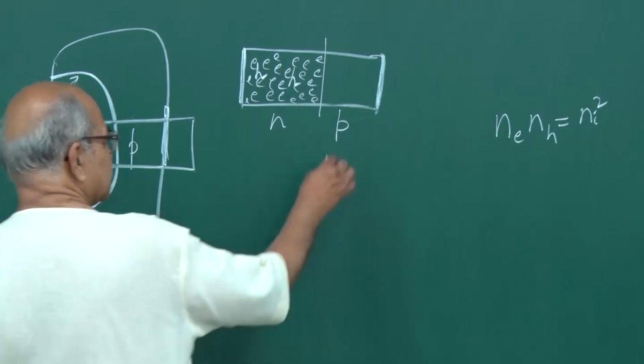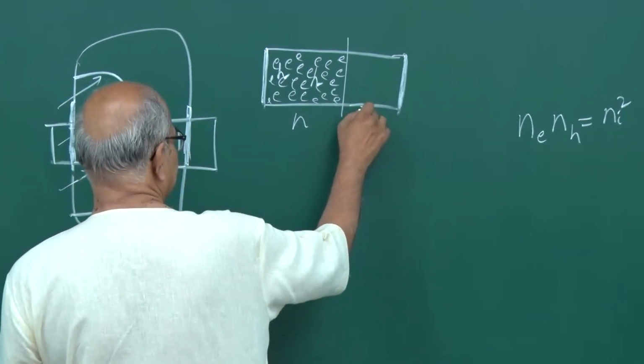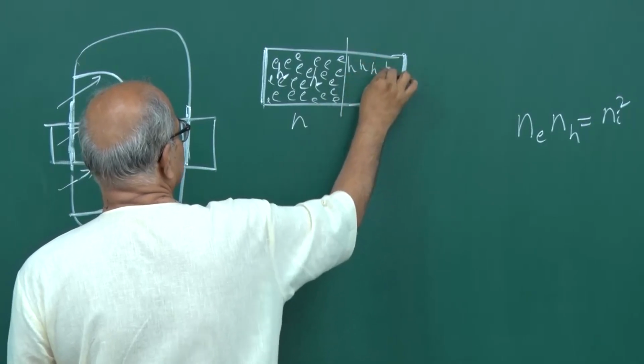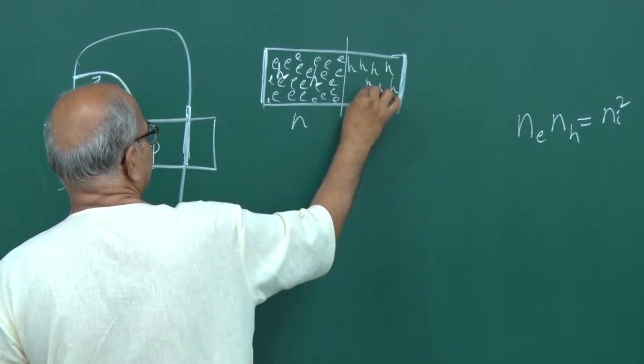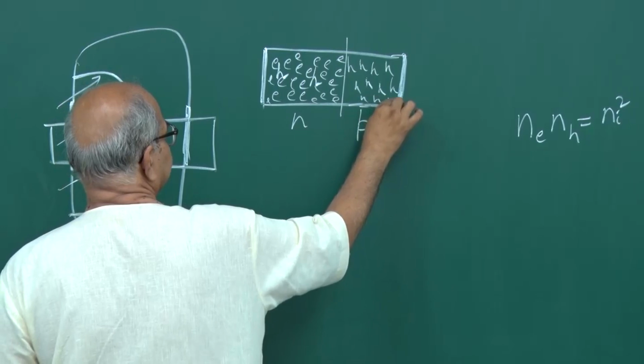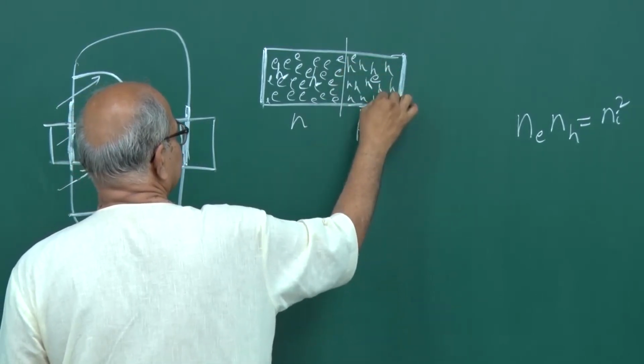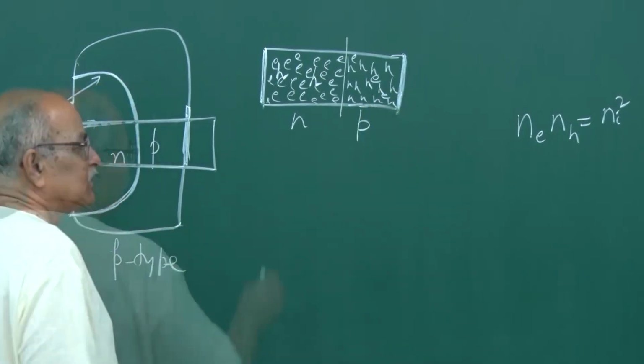And similarly, on this p side, this is p type semiconductor here. So, you have a large number of holes here, and then some electrons in between. There are some electrons in between.